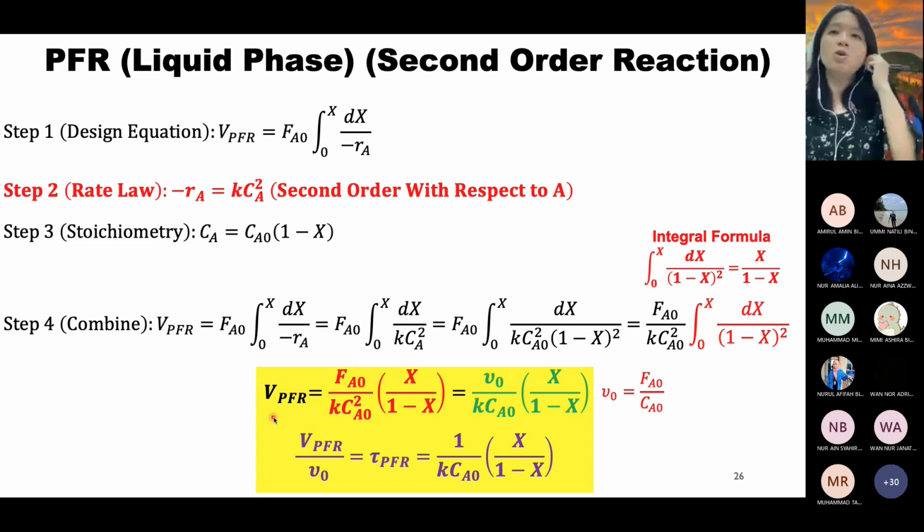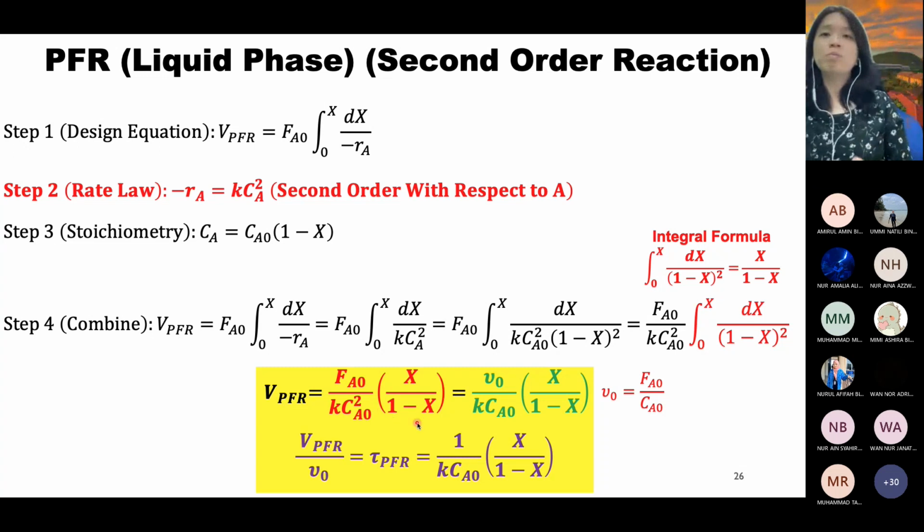Sebab tu dia menjadi volume PFR sama dengan FA naught per K CA naught square, yang bahagian depannya hitam ni masih ada, dan pengamiran part ni yang merah ni terus kita copy penyelesaian dia, which is X per 1 minus X. So now I get the formula to find the volume of the PFR for the second case.